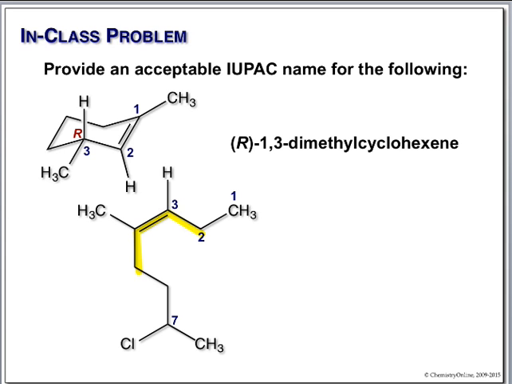And that, of course, is a Z. So it's a 7-chloro, 4-methyl octene with Z stereochemistry. Any questions?